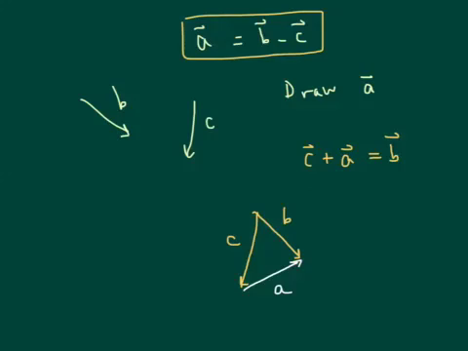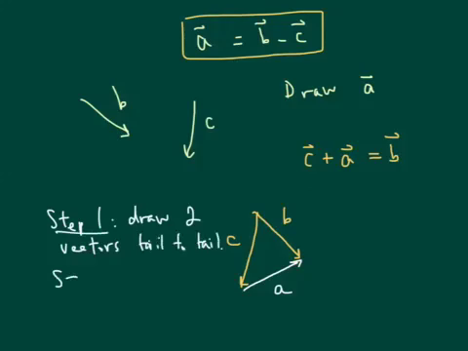So step 1 in this method is draw the 2 vectors being subtracted tail to tail. Step 2, write not the subtraction, but write down the vector addition.